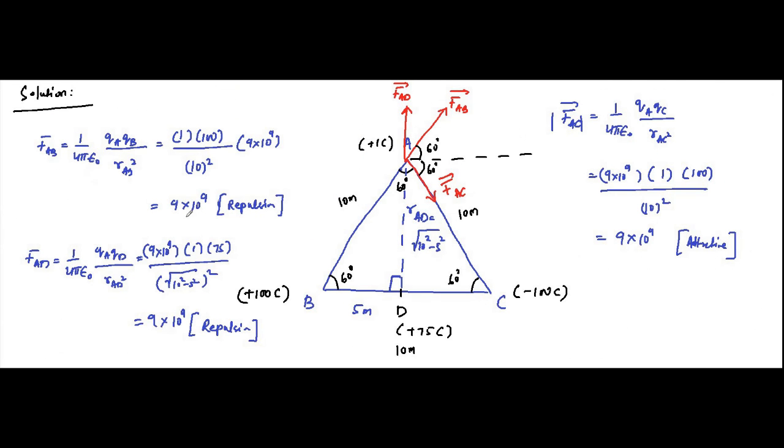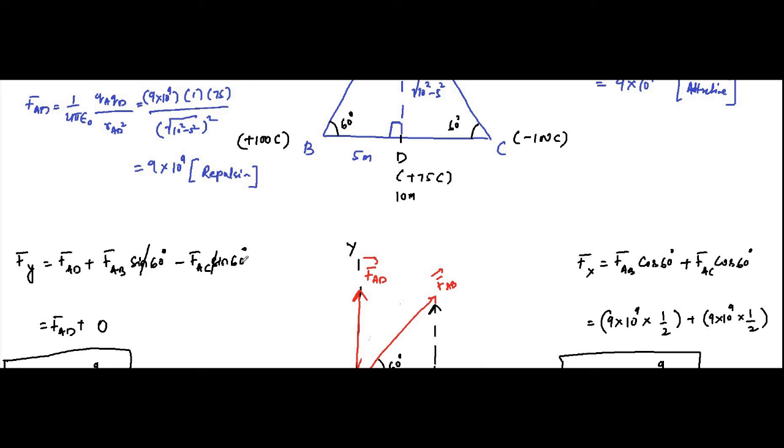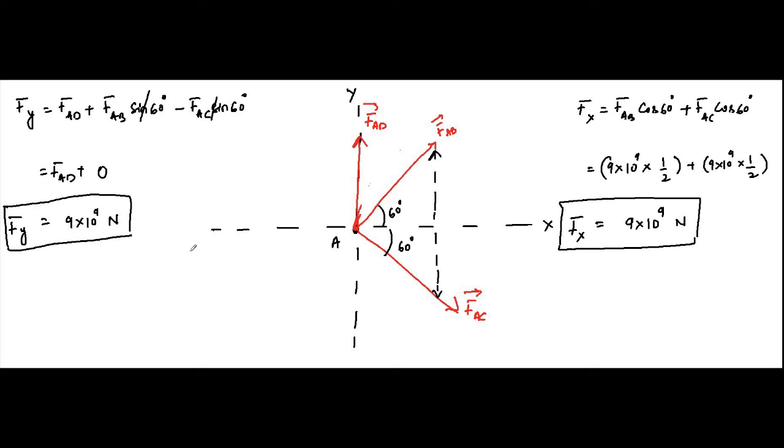FAB and FAC have magnitude 9 into 10 to the power 9 Newton, equal, so they will get cancelled because they are getting subtracted. So we only have FAD, which is equal to 9 into 10 to the power 9 Newton, the y component. So now we have got the x and y component.